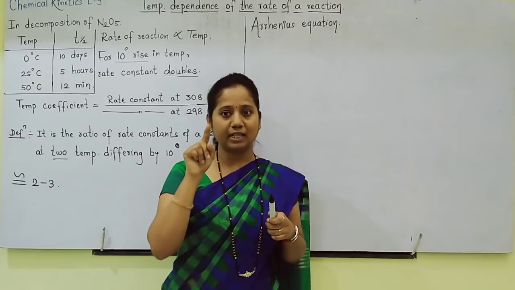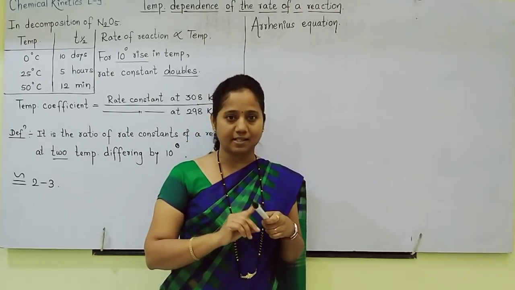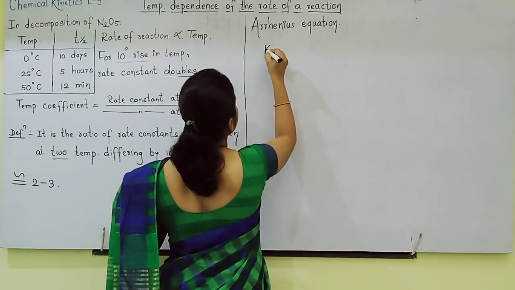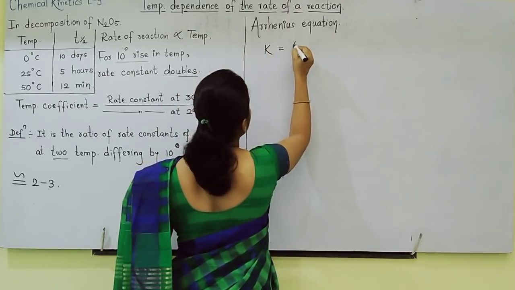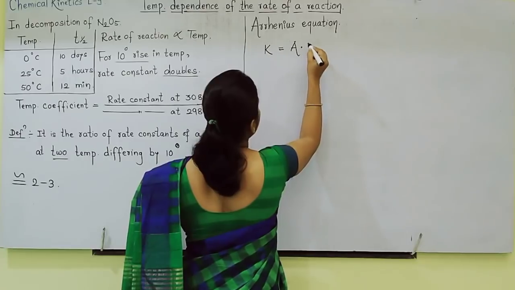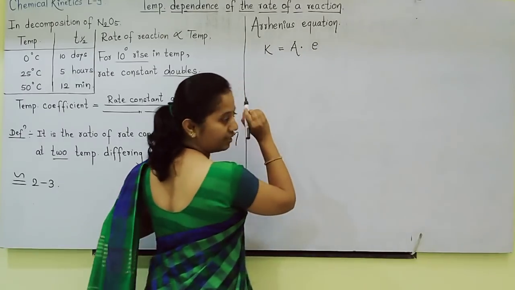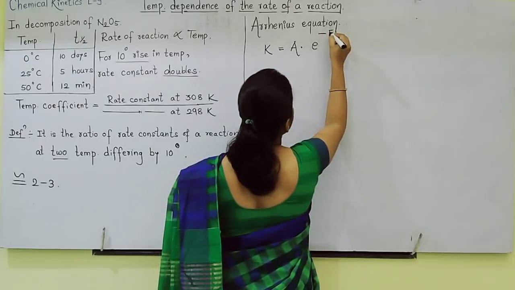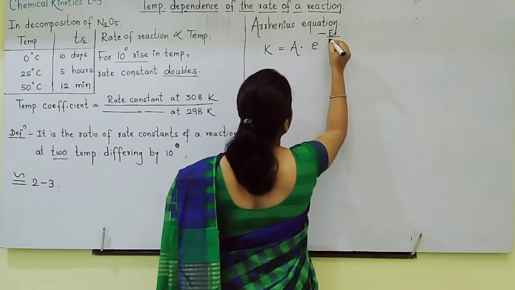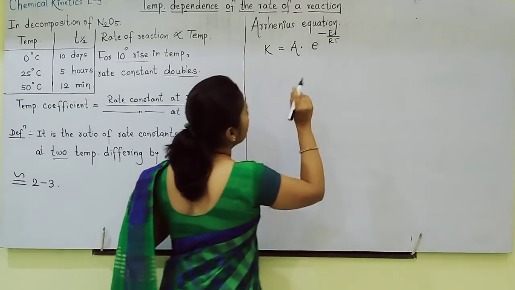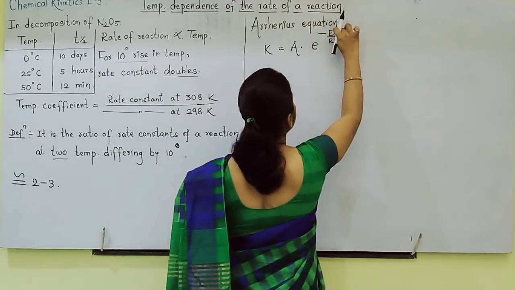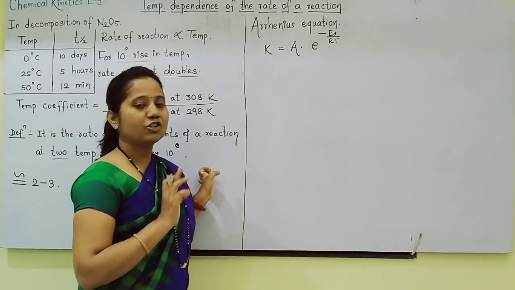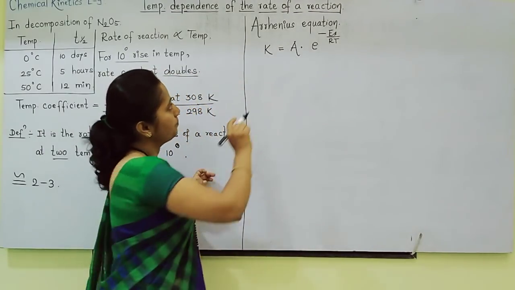Temperature T, rate constant K. So the Arrhenius equation is K = A e^(-Ea/RT). Remember the equation as it is, students.